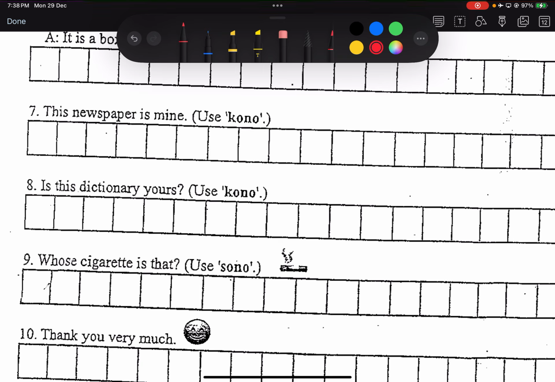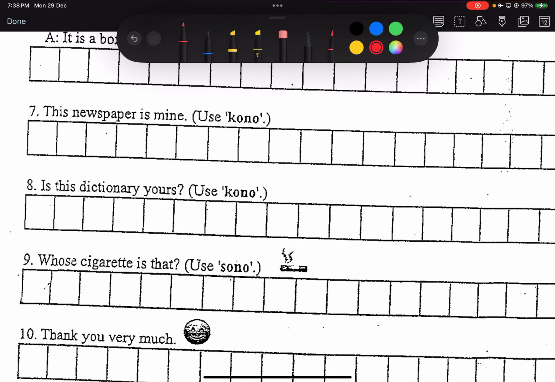Watashi, yes. So we don't say watashi wa, that's watashi. Instead of watashi, we have to add a no so that it becomes mine. So watashi no desu. この新聞は私のです。 Okay, next one.